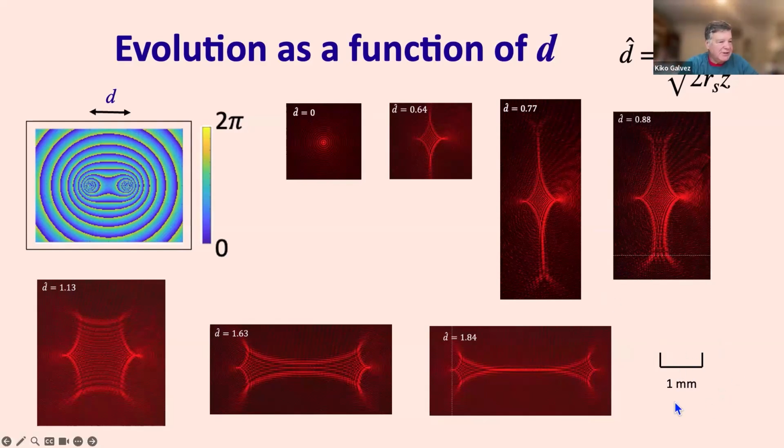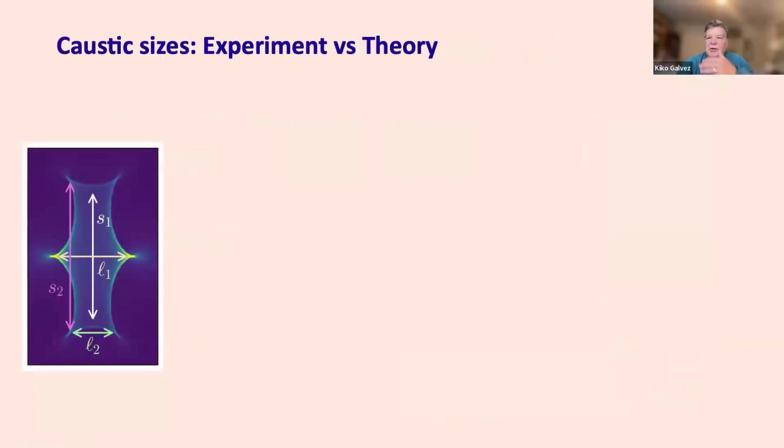This is just to give you an idea of the scale of the pattern as we measure it. So with our colleagues from Barcelona, we decided, let's do this quantitative comparison.